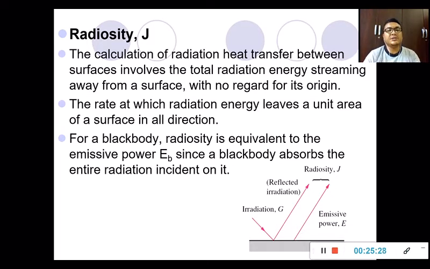The calculation of radiation heat transfer between surfaces involves the total radiation energy streaming away from a surface with no regard for its origin, the rate at which radiation energy leaves a unit area of a surface in all directions. For a black body, radiosity is equivalent to the emissive power Eb, since a black body absorbs the entire radiation incident on it.